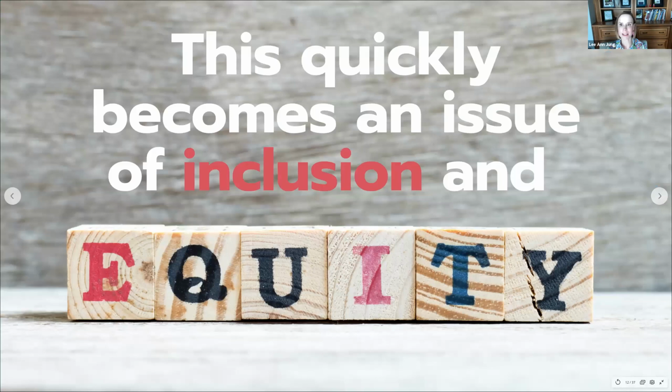So this quickly becomes an issue of equity, right? Certain disabilities, certain learning differences make it such that modes of assessment are serious threats to the validity of the measure.